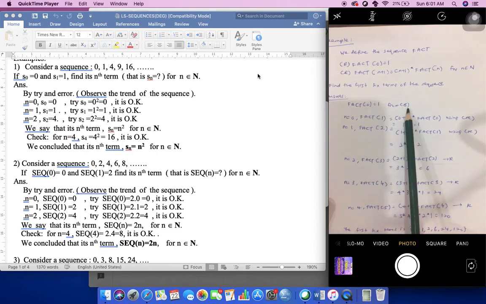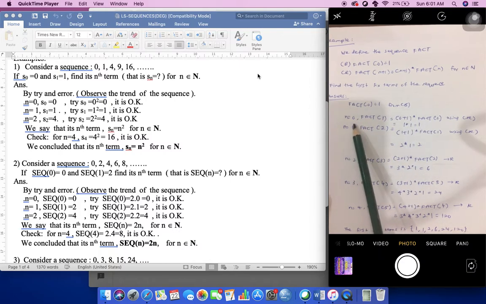So n equal to 0, factorial 1, 0 plus 1 times factorial 0.